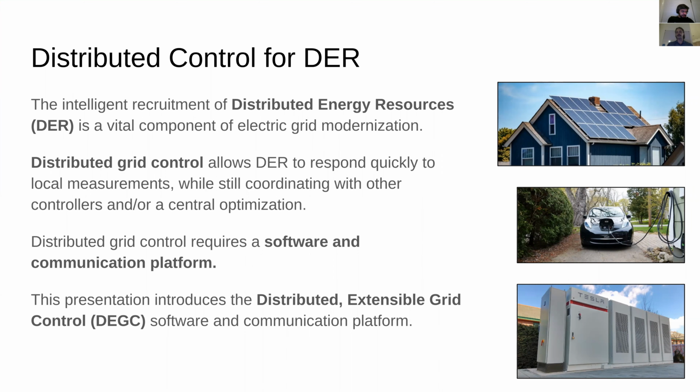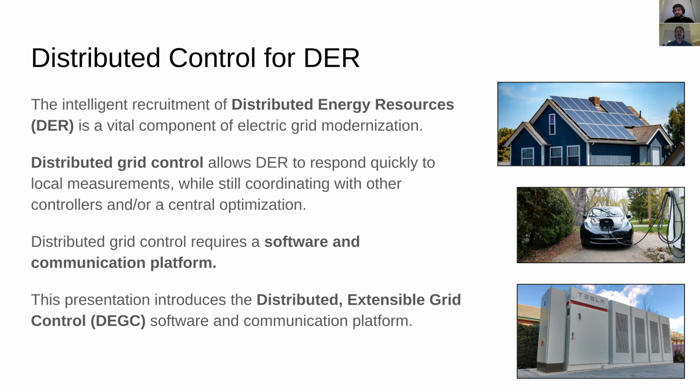So over the past couple decades, we've seen a proliferation of distributed energy resources, or DER, which includes solar panels, electric vehicles, battery energy storage, and controllable loads. And up till this point, largely DER have been tolerated. But as we move to deeper penetrations of DER, we're going to have to start relying on the DER.